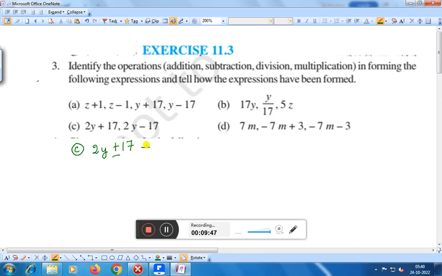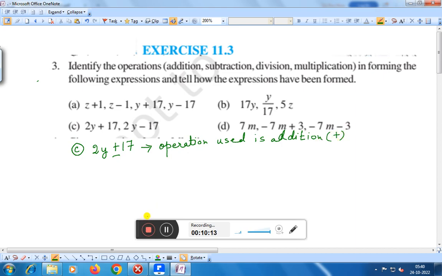Here you see, operation used is plus or addition. Then we can say operation used is addition, or you can say plus.